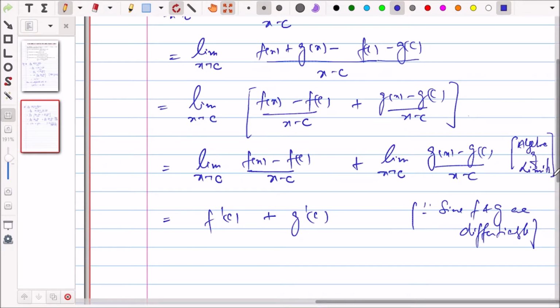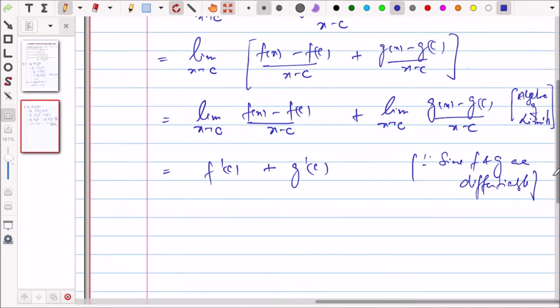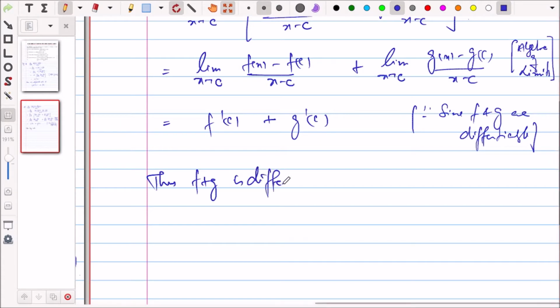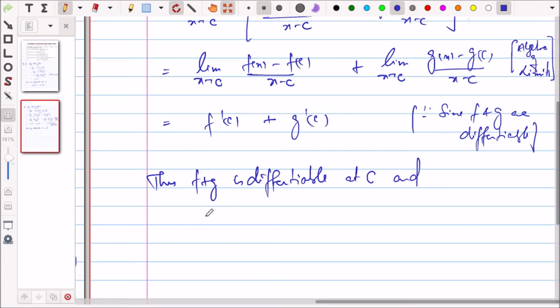Okay, so thus f plus g is differentiable at c, and (f+g)'(c) is equal to f'(c) plus g'(c). Okay, is it clear?